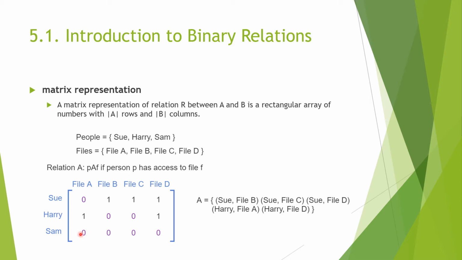And as you see, all the numbers in Sam's row are equal to 0 because Sam didn't have access to any file. So this is how we construct the matrix representation of a relation like R.